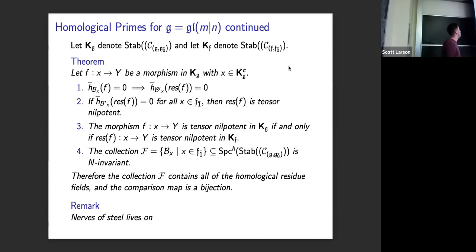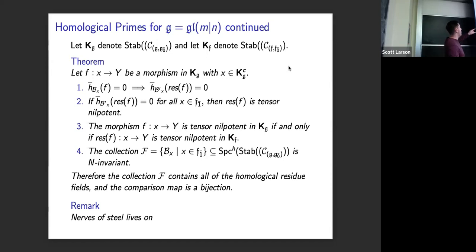So we stared at this for a while. I let KG, just to shorten things, be the big stable category of GG0 representations, and KF the stable category of F0 representations, the big categories. So here's the theorem that we were able to show that combines everything.